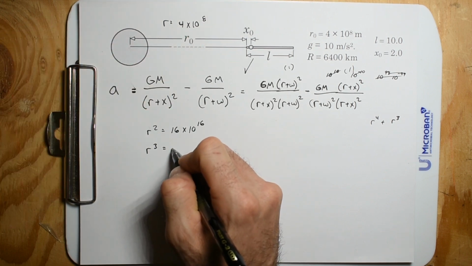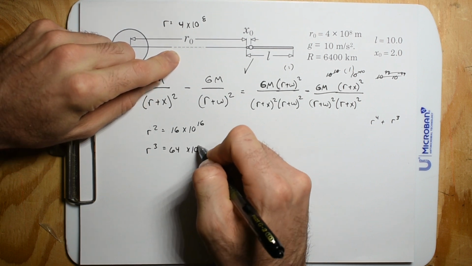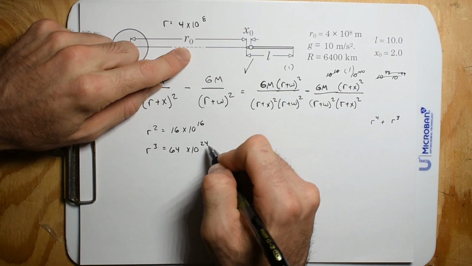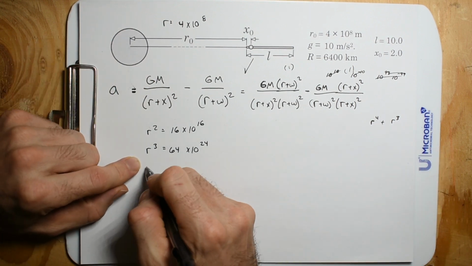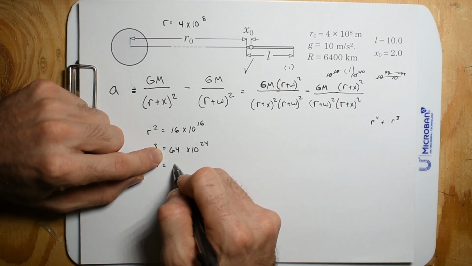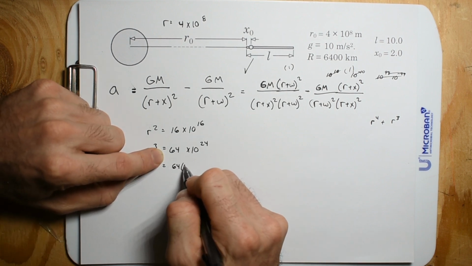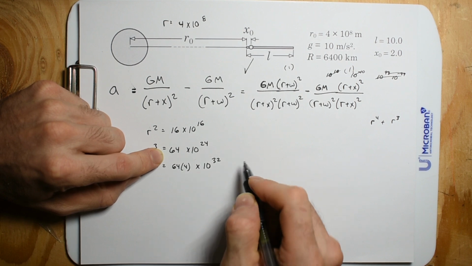That's going to be 64 times 10 to the 24. And holy hell, r to the 4th? That's 64 times 4, which is irrelevant, but this is going to be 10 to the 32.